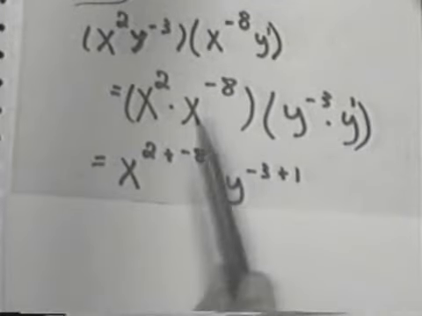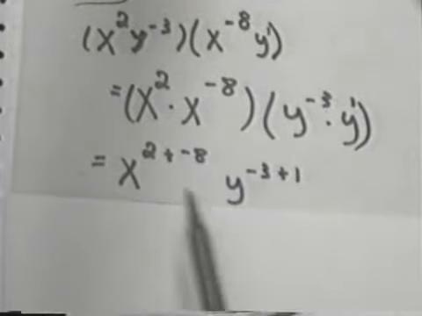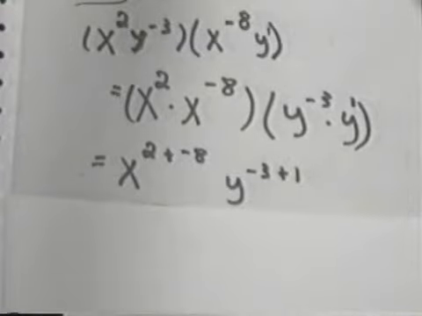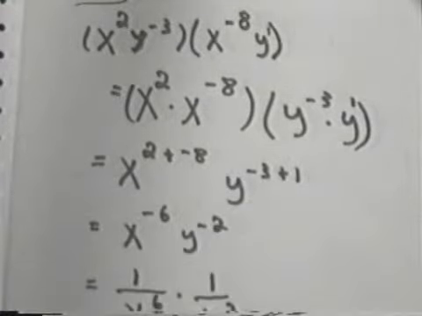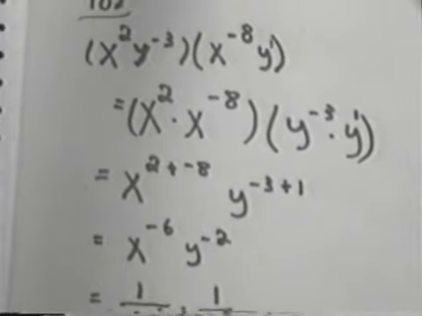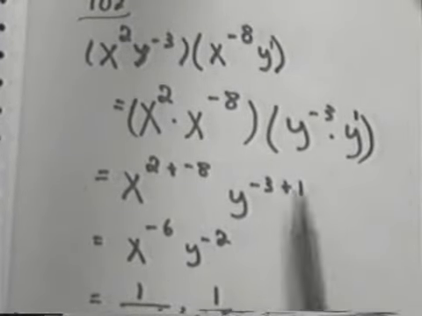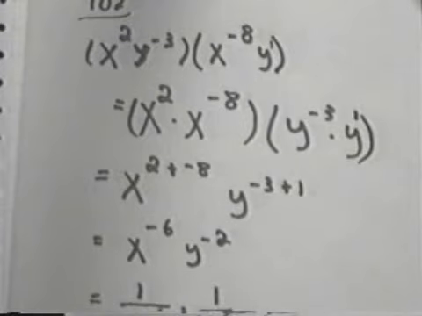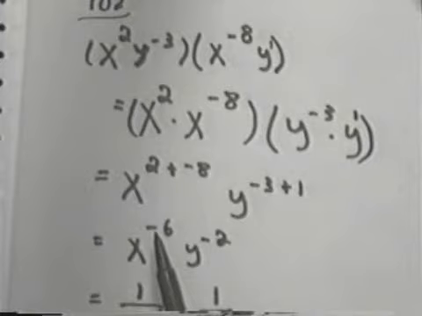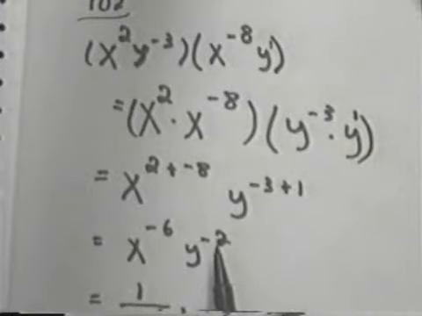So notice, to multiply powers having the same base, keep the base and add the exponents. And now simply finishing it, 2 plus the negative 8 is negative 6, and negative 3 plus 1 is negative 2. Now remember from yesterday's lesson, a negative exponent tells you to take the reciprocal of the base.